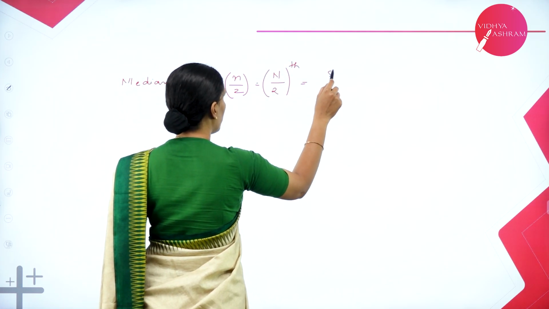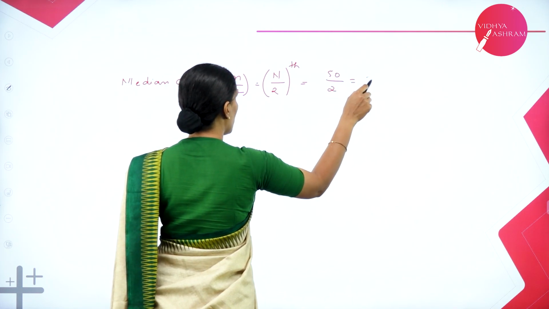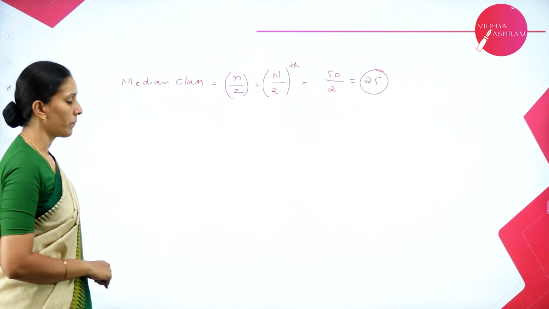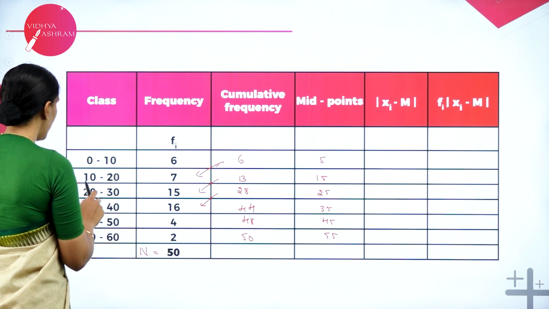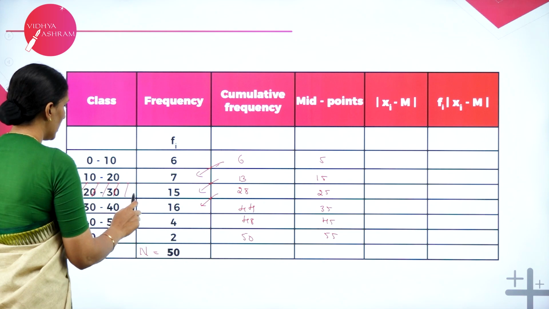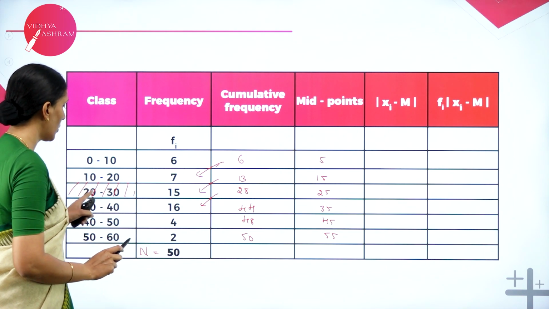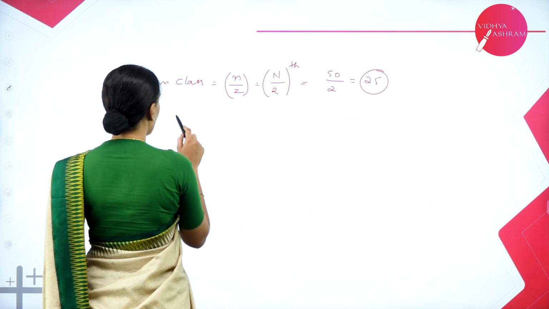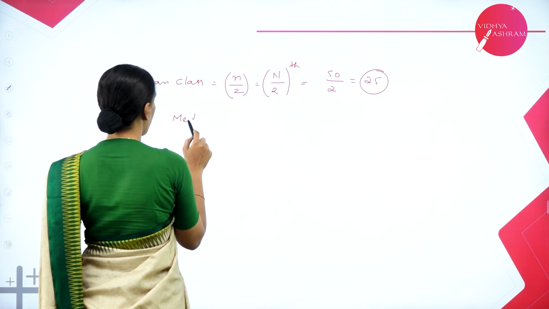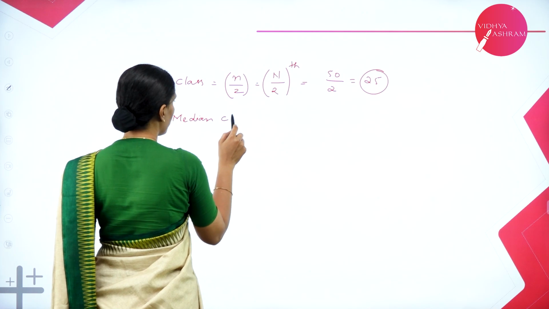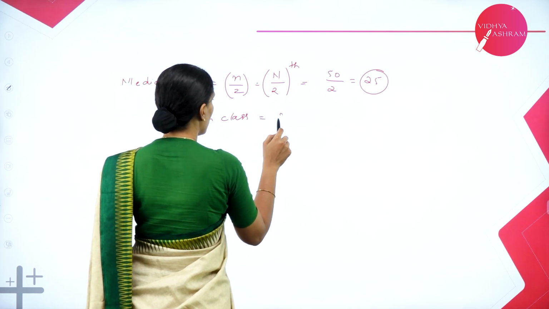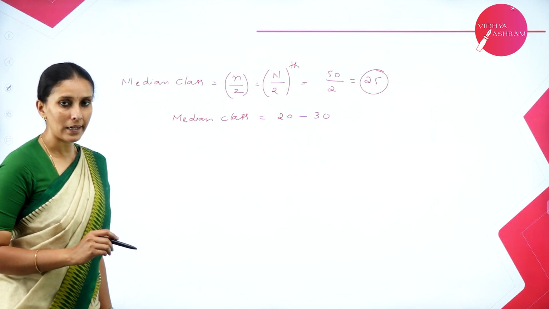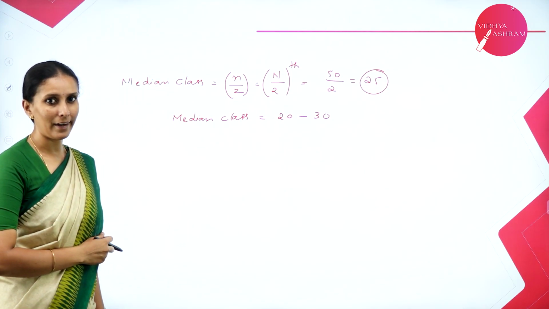So that is 50 by 2, which is equal to 25. So which is the class interval which contains 25. So you can see here 20 to 30, this class interval contains 25. So therefore the median class is 20 to 30.